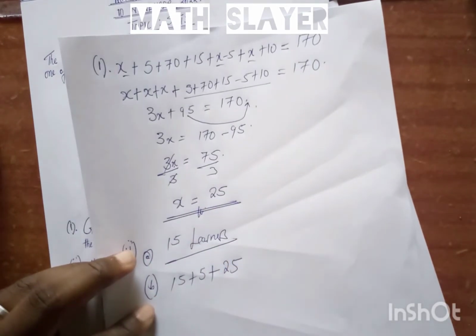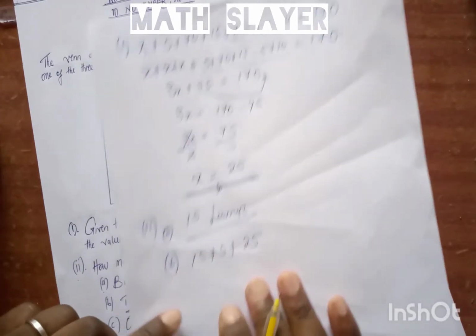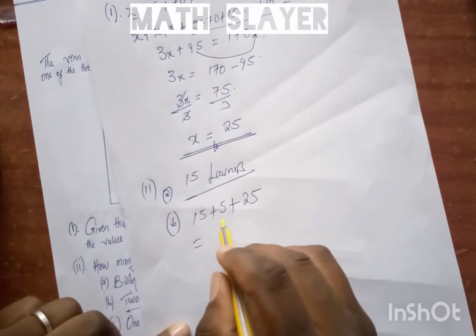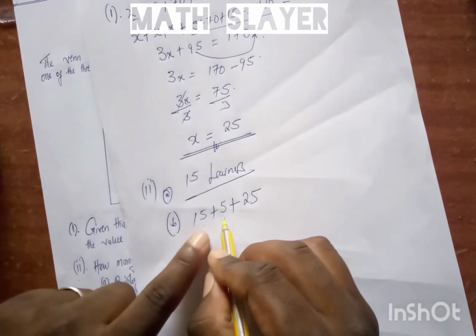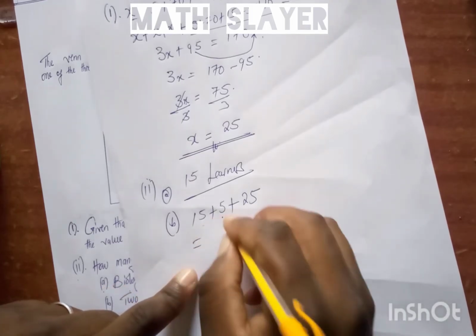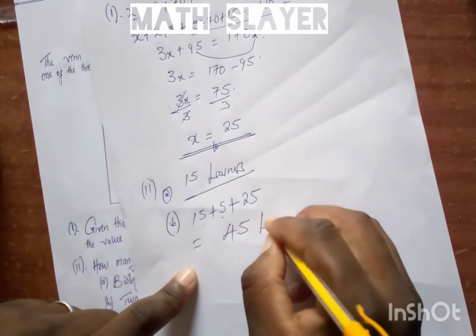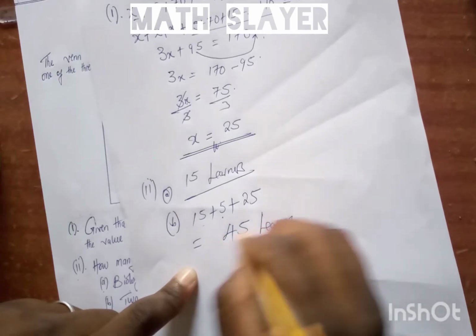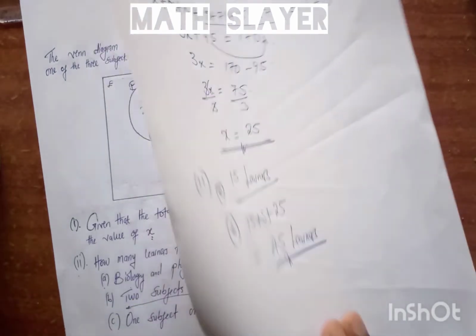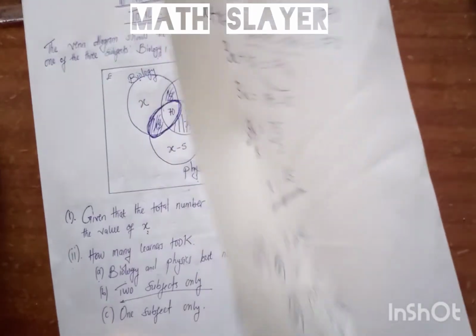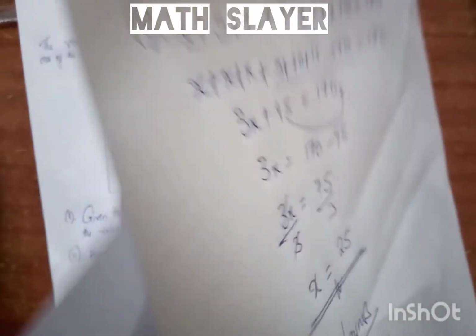We had calculated that the value of x is 25. When we add 15 plus 5, which is 20, plus 25, we get 45. So 45 learners took 2 subjects only.